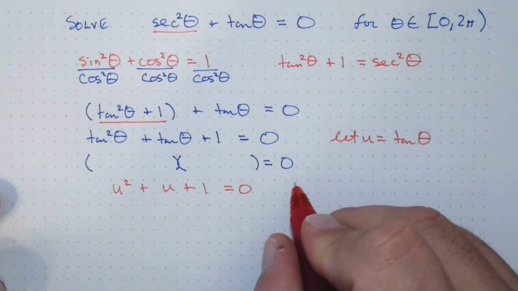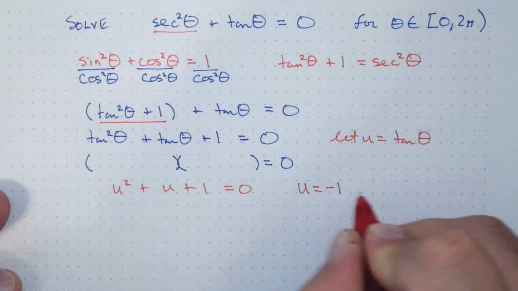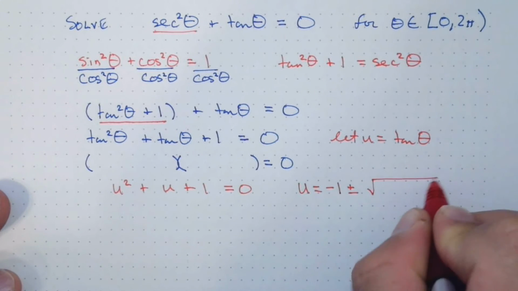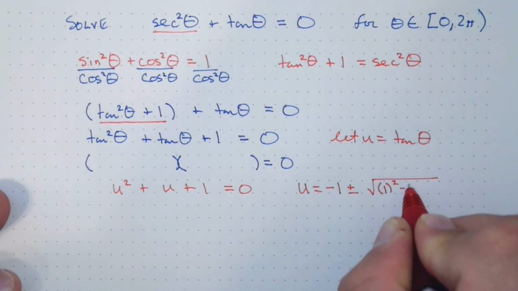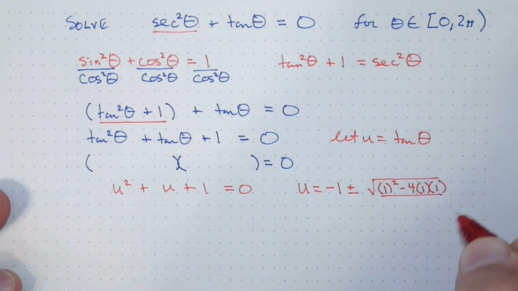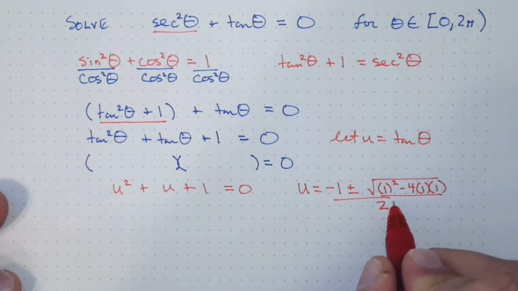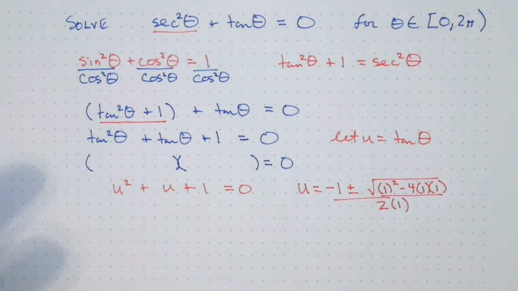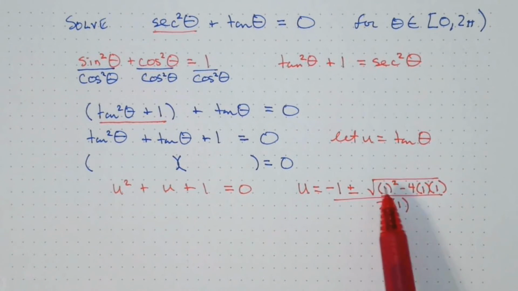Well, I know that I can solve using u is equal to opposite b plus or minus the square root b squared minus 4ac, all over 2a. So I have here negative 1 plus or minus the square root of 1 squared minus 4 times 1 times 1, all over 2.